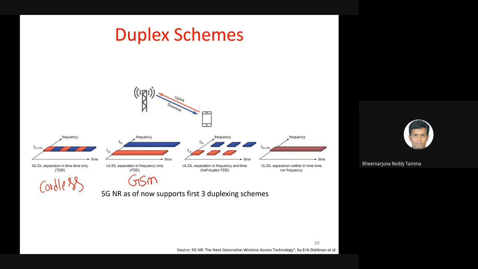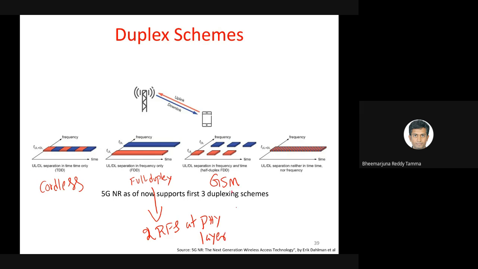And we have another variant of FDD that is called half-duplex FDD. In fact, maybe I should say that your GSM phone, the 2G phones, actually comes here. What is the meaning of full duplex FDD? This is called full duplex, and it requires 2 RF chains at the physical layer.